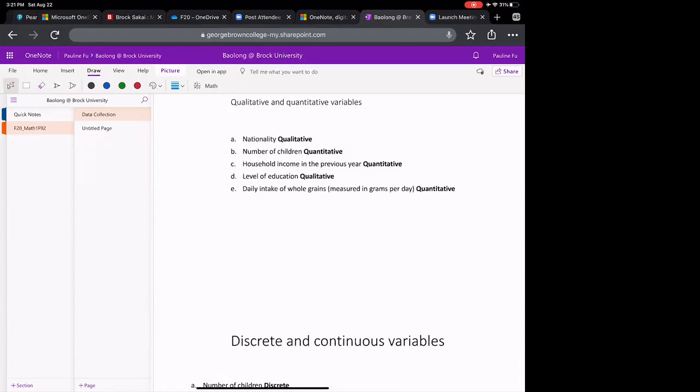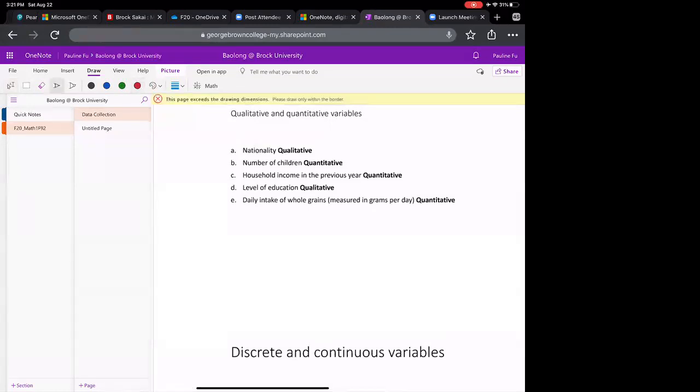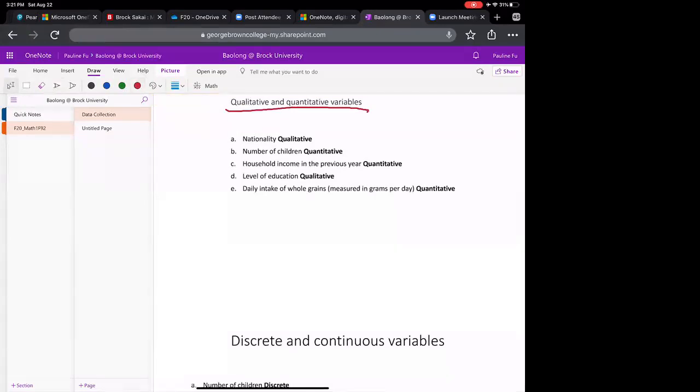When you graduate, you get a bachelor degree, and that is qualitative data, the level of education. Daily intake of whole grains is quantitative data. It provides numerical measures for the daily intake. So that is qualitative data and quantitative variables. Okay.